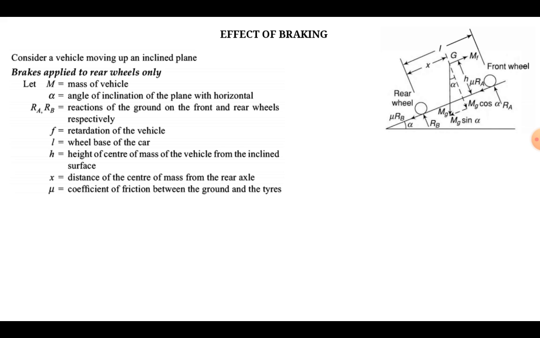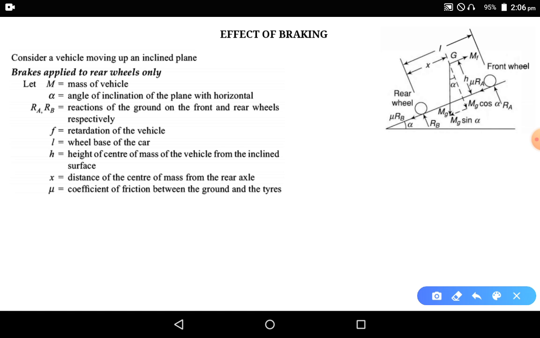That means, let's say this point G is the center of mass, and the height of this point G, or the center of mass, from the surface on which this vehicle is rolling or moving, is h. Okay, so this is the vertical height from the surface at which it is moving.